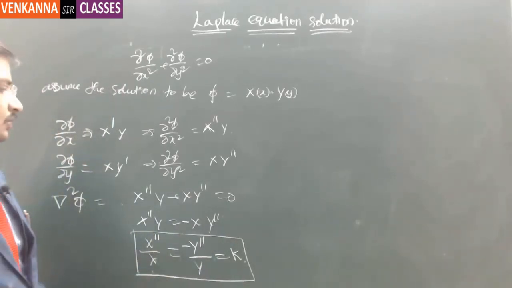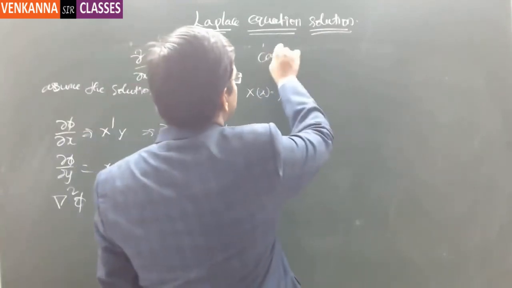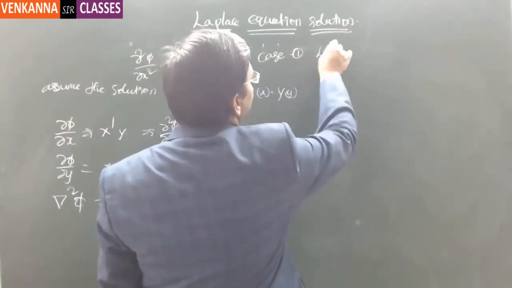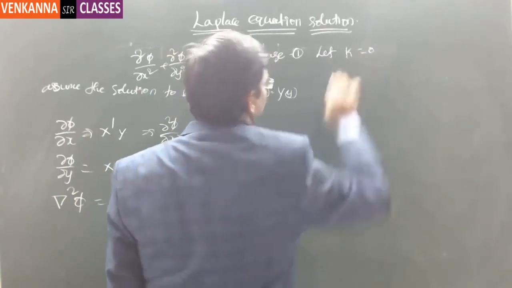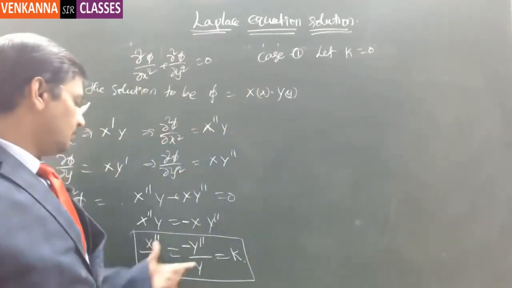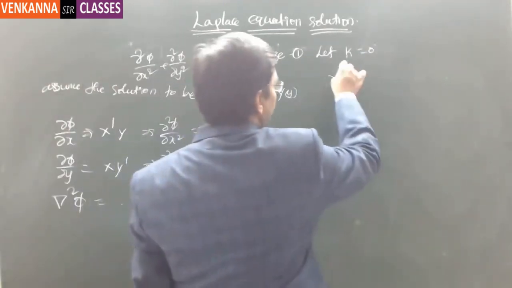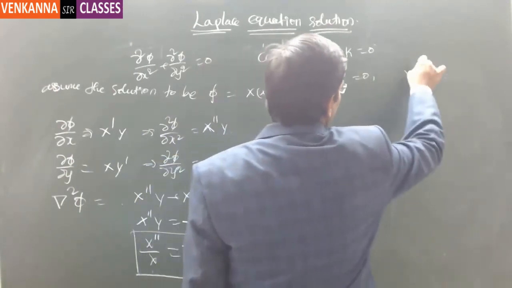Now actually we have got the general equation format for us. Now for this, let the case 1: let k equal to 0. Then if k equal to 0, then x double dash equal to 0 and y double dash equal to 0.